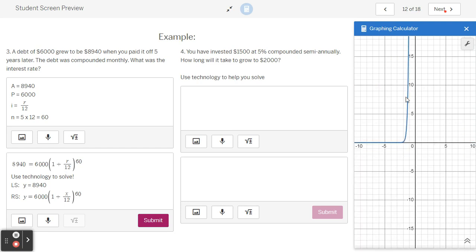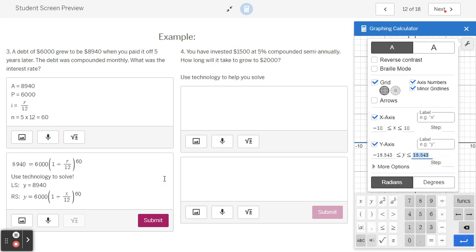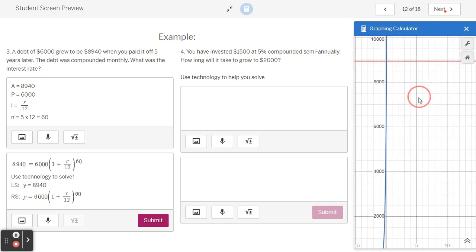In fact, our field of view is too small for us to see this. I'm going to change my field of view. It's the y-axis that I need to have more of. We know that the y-axis goes to 8,940 as a minimum, so I'm going to do 9,500 to see it better.